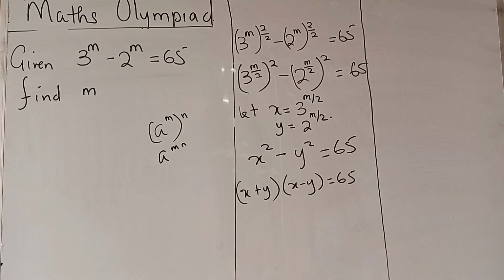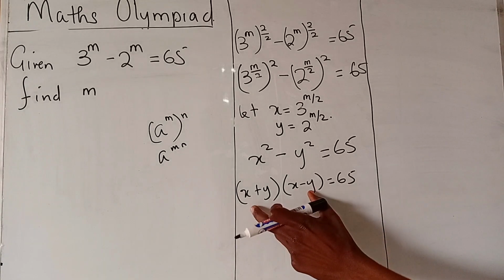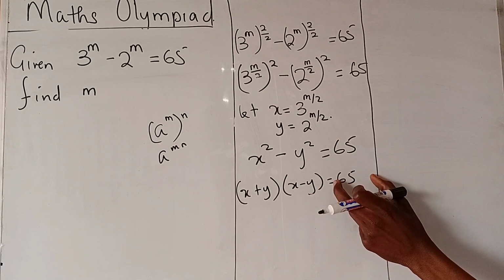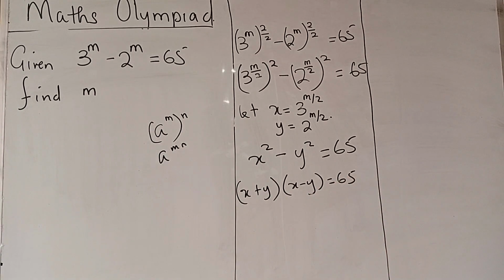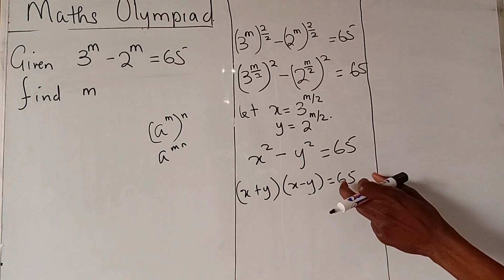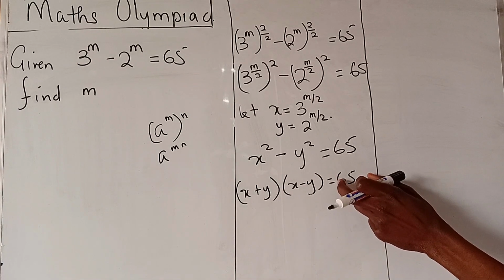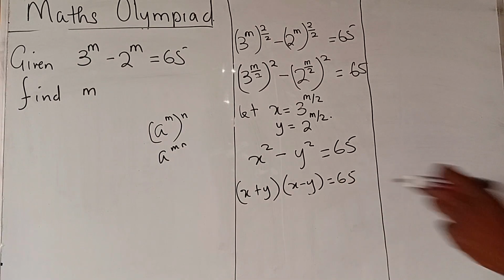So what can I do? I can make 65 a product of its prime factors, because here we have a product. So let's also make a product on my right hand side, but the product should be in such a way that it is in terms of its prime factors.